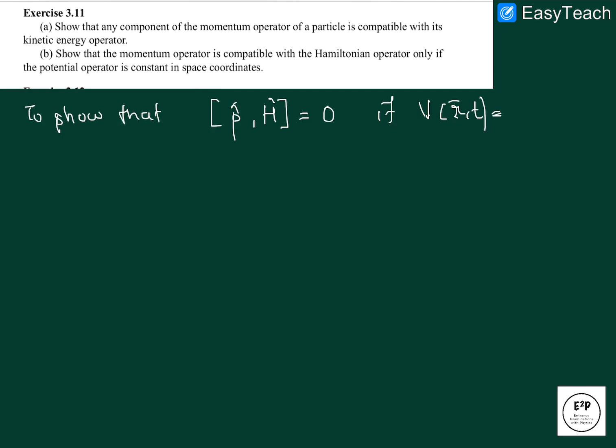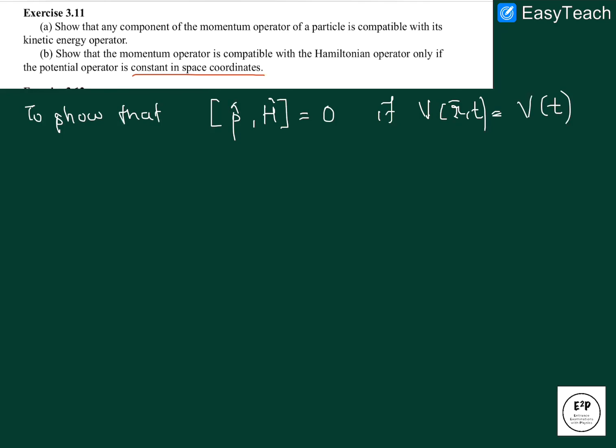It is independent of the space. Constant in space coordinates means it doesn't depend on where your coordinates are. Alright, so this is what we have got till now.